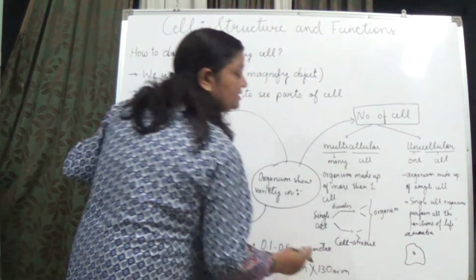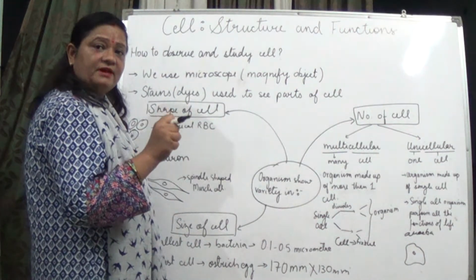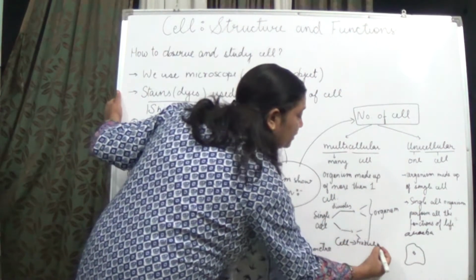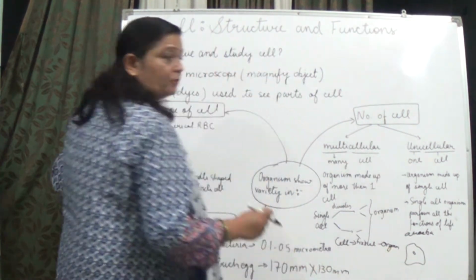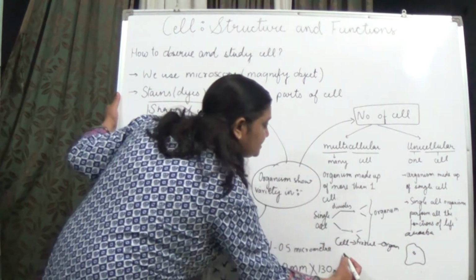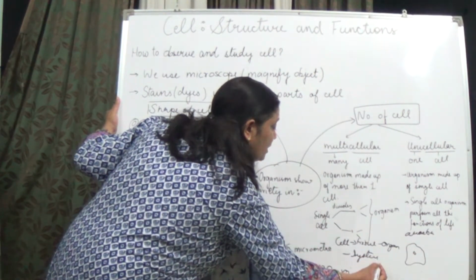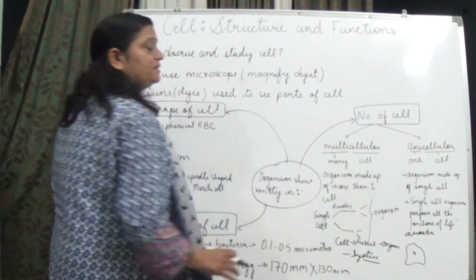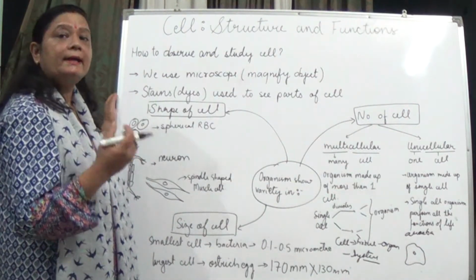Okay, when a number of tissues perform a similar function, they form an organ. And when a number of organs come together, they form what? A system. Okay, this is how in the multicellular organisms the basic functions of life are carried out.